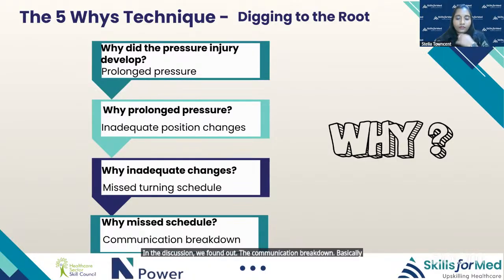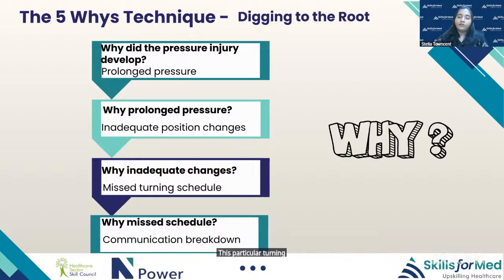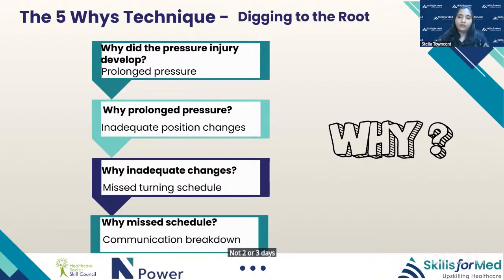Basically, at the handing over 2 days ago, this particular turning schedule was not discussed and therefore it was missed, and that continued for 2 or 3 days. So the root cause was the missed important handing over which did not happen 2 days ago. So that is the root cause analysis. This is how you use the 5 Whys analysis to get to the root of the problem. Next slide, please.